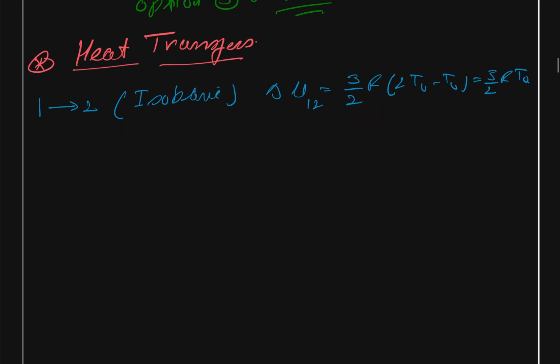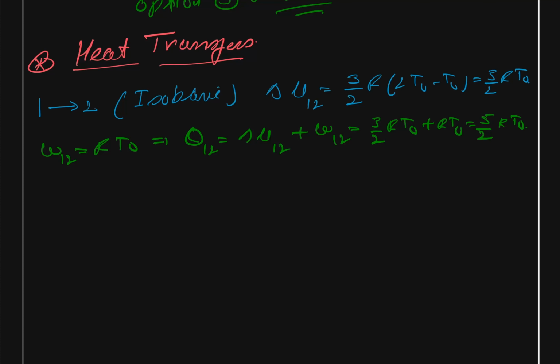Work done we already found out is R T naught. Therefore, according to the first law of thermodynamics, Q12 is 3 by 2 R T naught plus R T naught, giving us 5 by 2 R T naught.